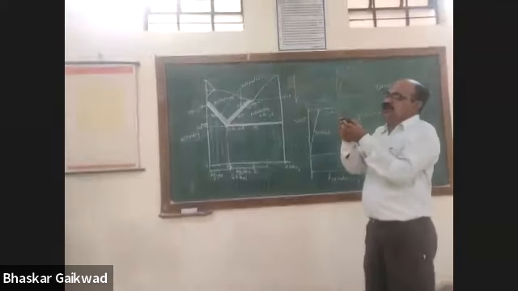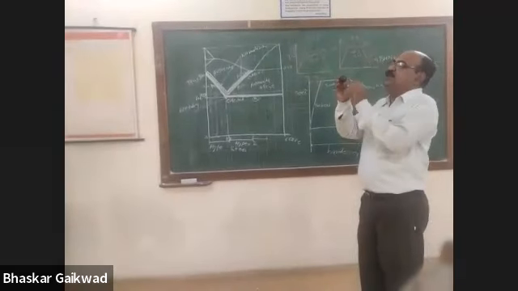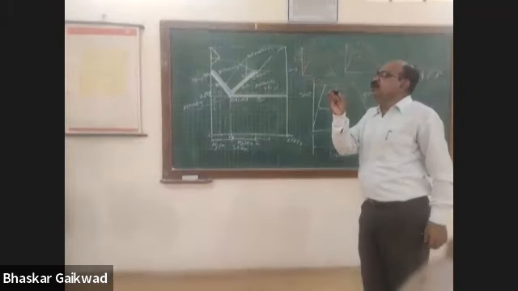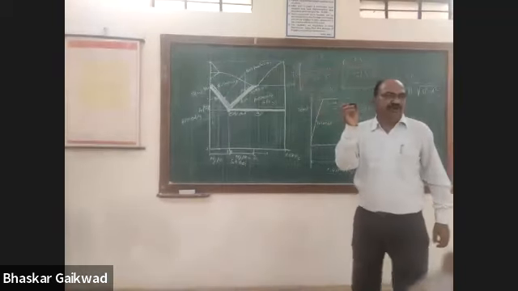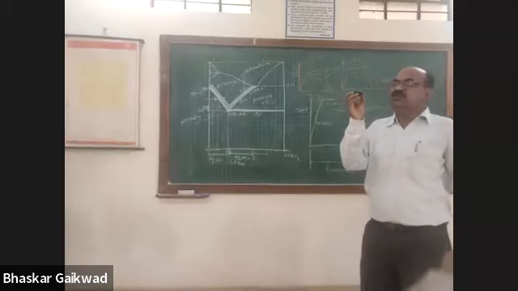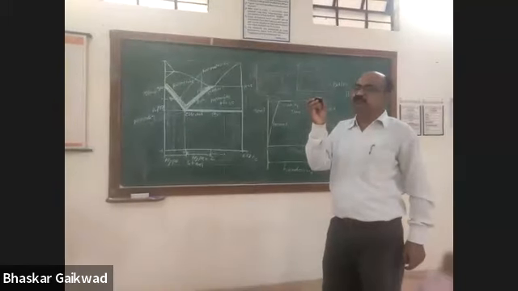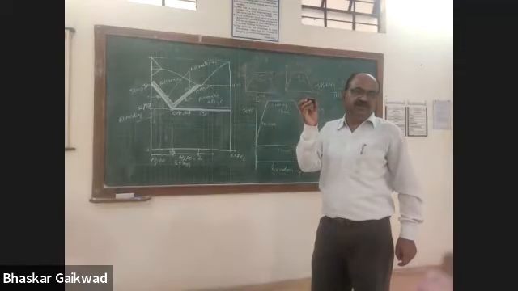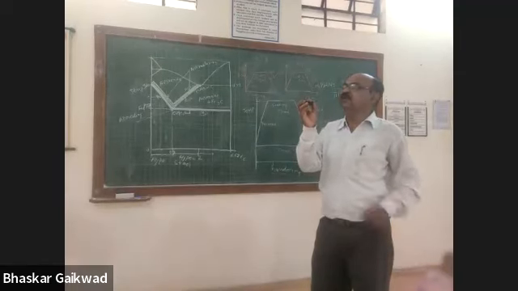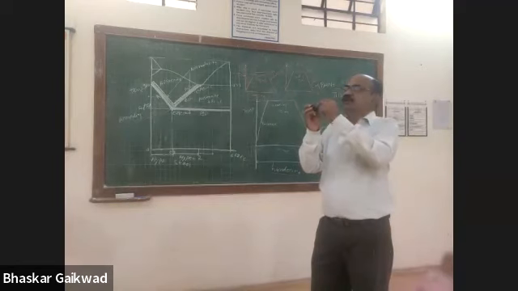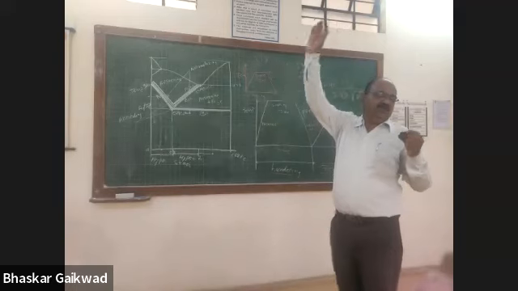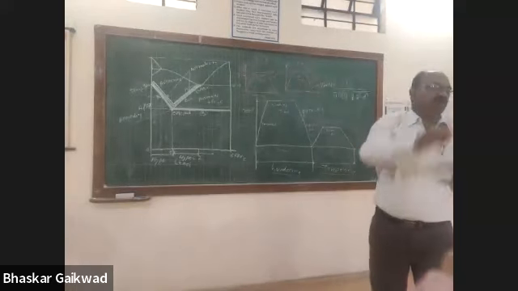Initially, I have taken an impression with our UTM machine with a steel ball of 10 mm and a load of around 1000. You will get an impression here, and we have to measure these impressions with the microscope.